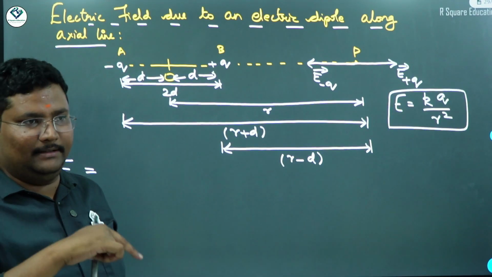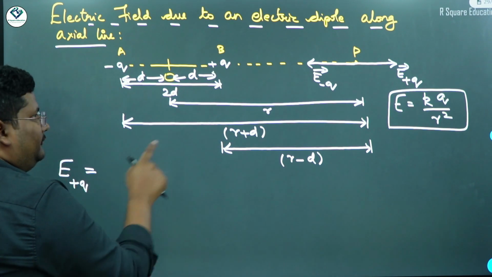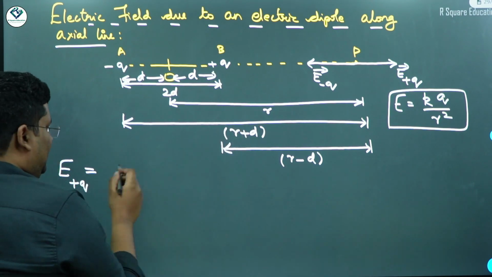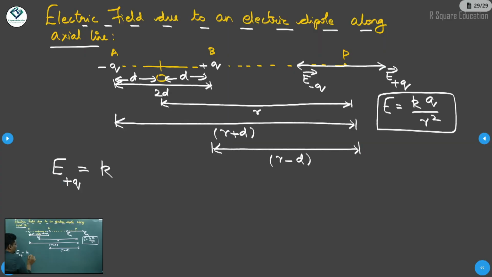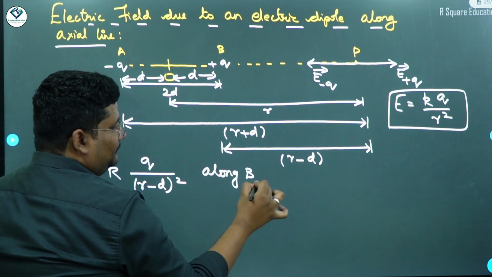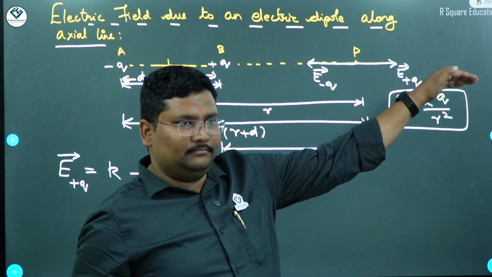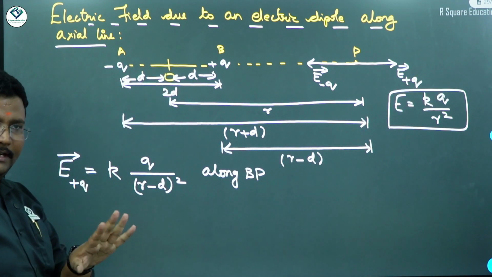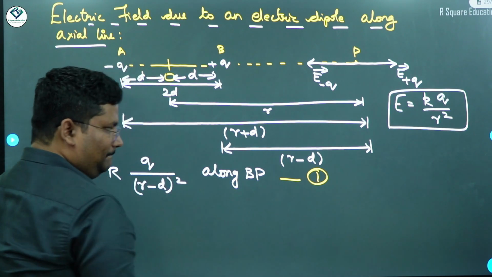So for the point positive charge, K is going to be the same, Q is going to be the same, divided by, what is R now? For the positive charge, it is going to be (R minus D) whole square. Now if I take it as a vector, the direction of the electric field will be along BP. Is that clear? Let me take this as the first equation.